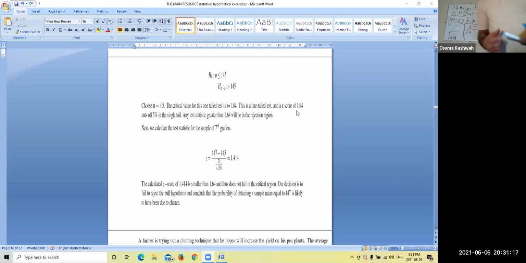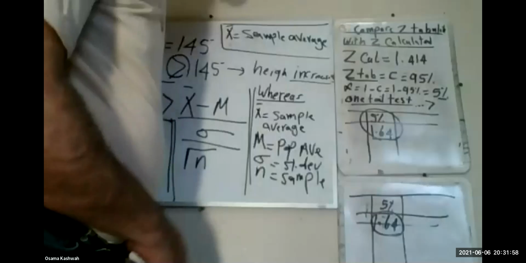The value is 1.64. When I look in the table, I will find that the value is 1.64. Here it is. Alpha is 5%, one tail, 1.64. This is the Z tabulated.